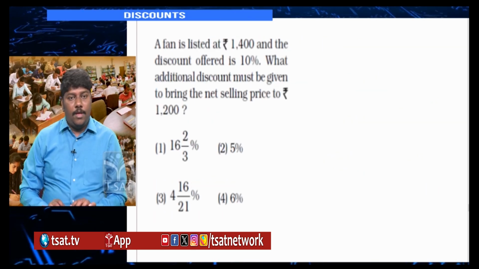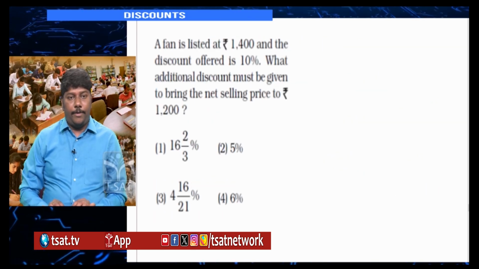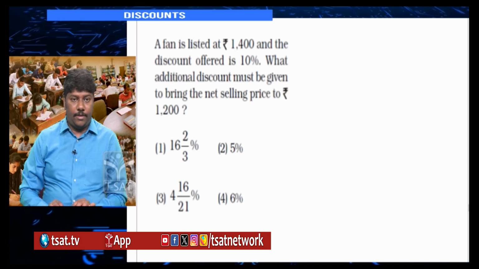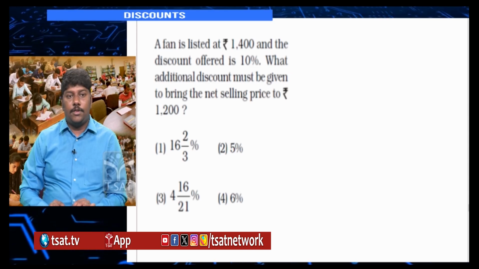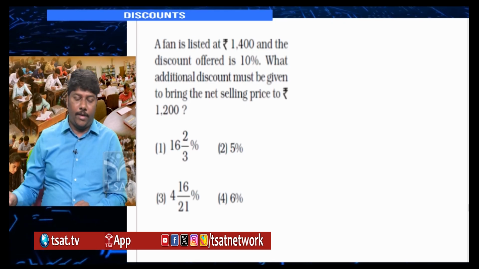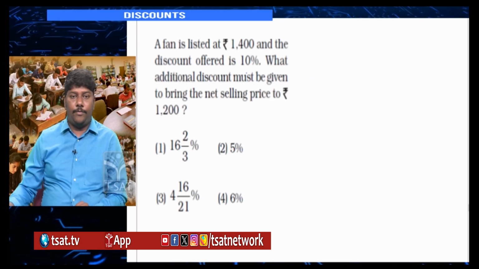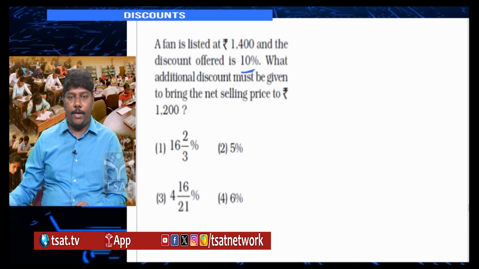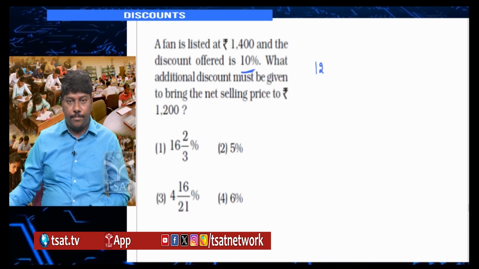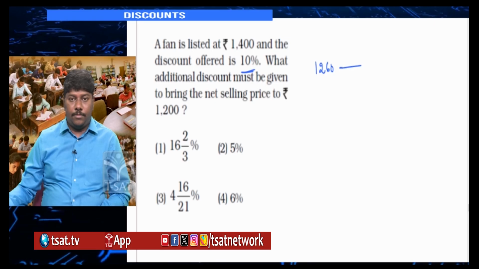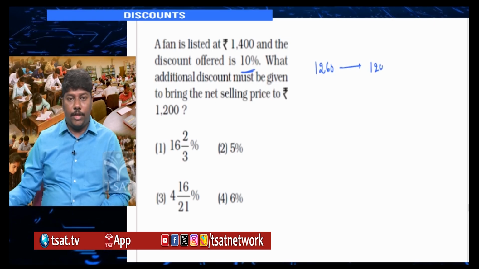Next one. A fan is listed at 1400 and the discount offered is 10%. What additional discount must be given to bring the net selling price to rupees 1200? Already you are giving a discount of what? 10%. 10% means how much? 140. You are giving it for already 1260. You need to bring it down to 1200.